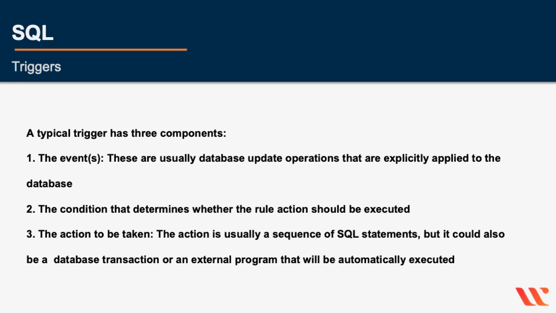The event is when the trigger should fire, the condition is whether the rule of the action should be executed or not, and the action is what should actually happen when the trigger fires. For example, you can set a trigger saying that whenever a new row is inserted in a certain table, send somebody an email. Or create a trigger saying whenever a row is inserted into a certain table, a stored procedure should be fired automatically.